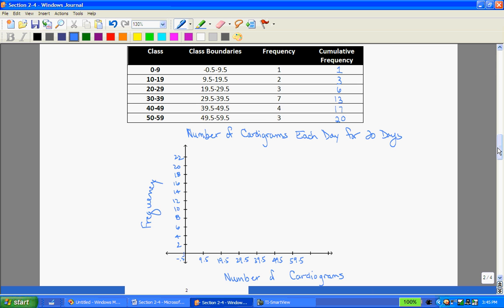Okay, so for our first dot we're at 1. So down here. And then 3. And then 6. And 13. 17.